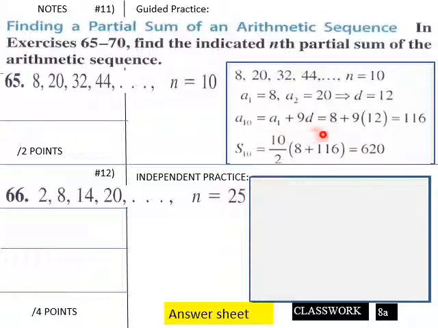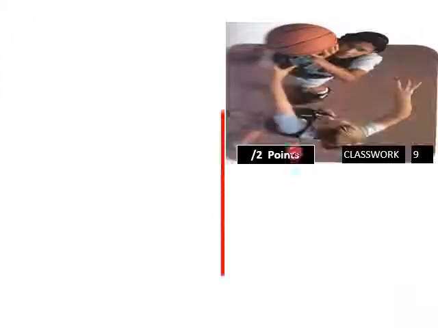Then a1 plus 9d equals 8 plus 9 times 12, which equals 116. Now we plug that back into our formula: 10 over 2 times 8 plus 116 equals 620, up through n equals 10. Then do the same down here, students, for your own independent practice.